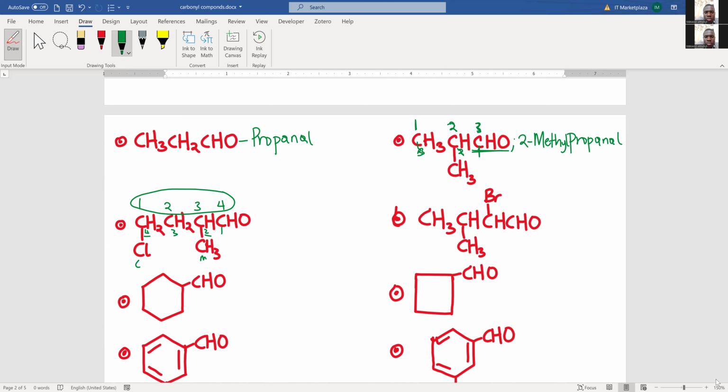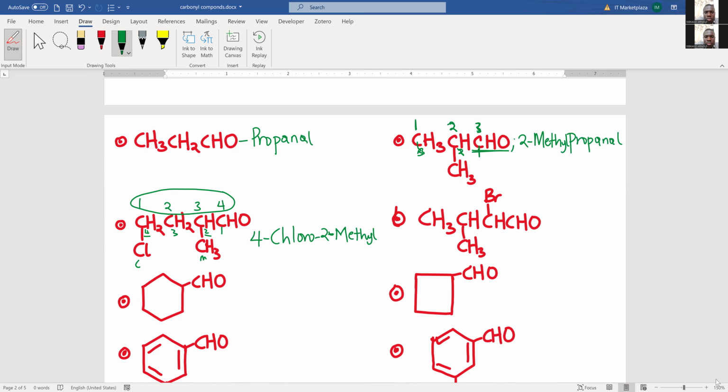So we shall have 4-chloro, then 2-methyl. There are how many carbon atoms? There are 4 carbon atoms. This is one name.